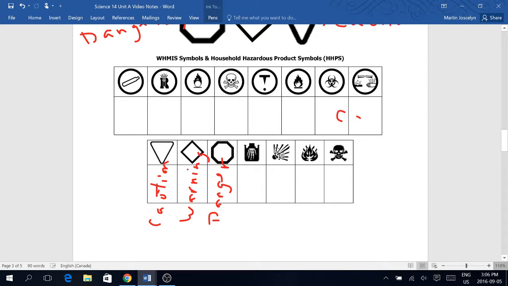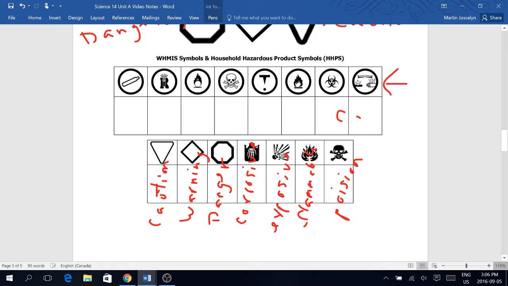And then we have this hand. It's corrosive and explosive and flammable and poisonous.